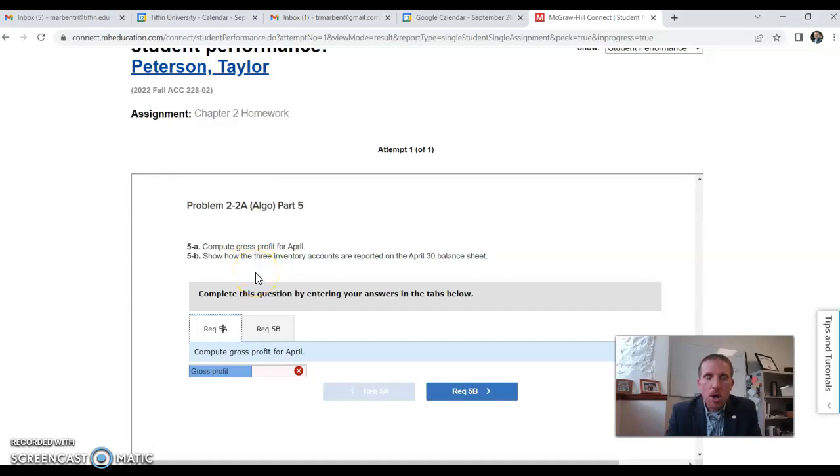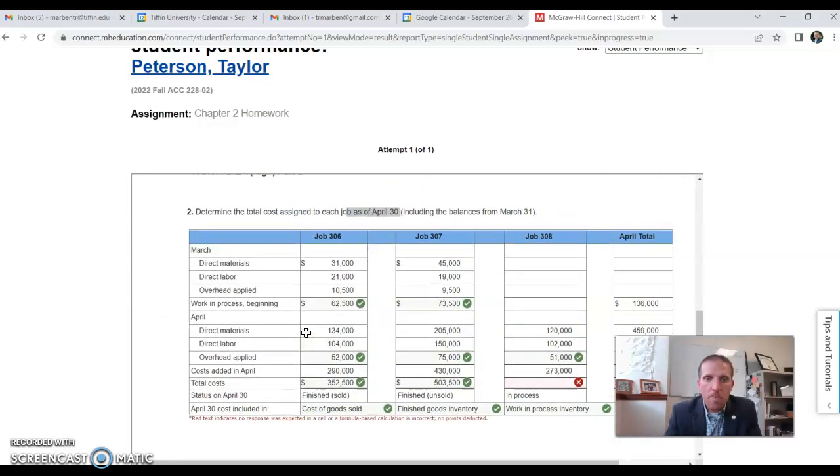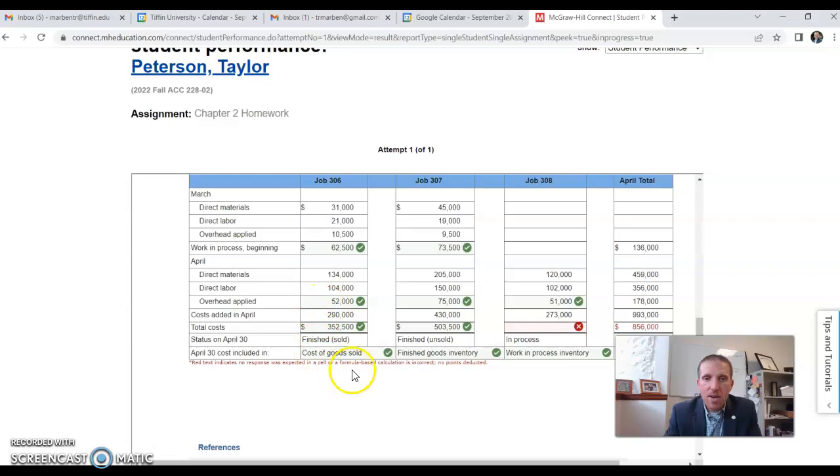That's going to be the start of it. So what we need to do is go back to our items here, and you've identified it correctly. It's finished, and it's sold, job 306. It's the only job that got sold in this month. So this one's unsold, this one's still in process, so we can't sell that one. The only one that we sold is this one here.